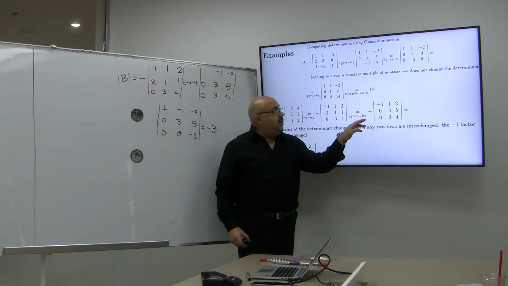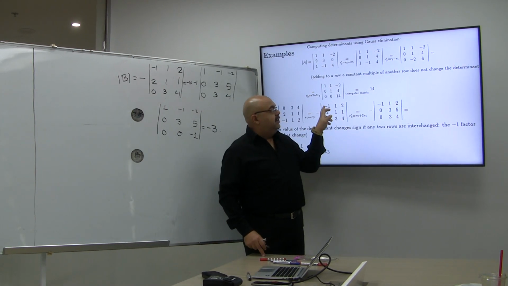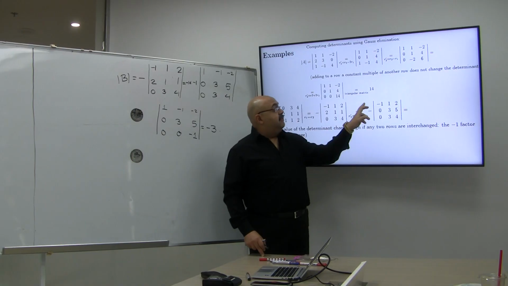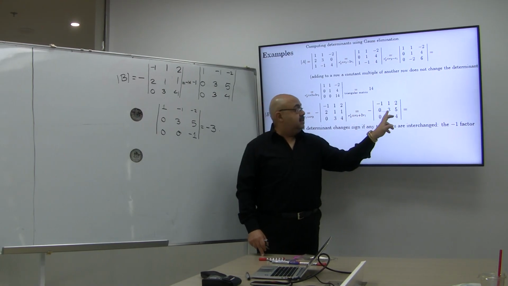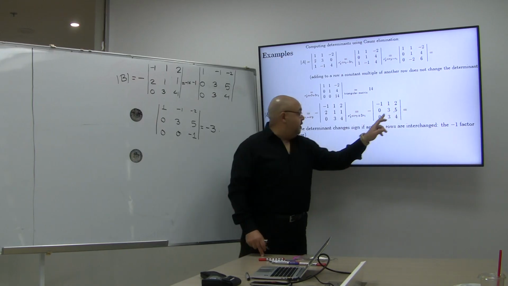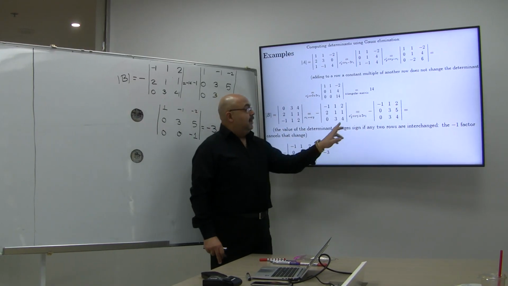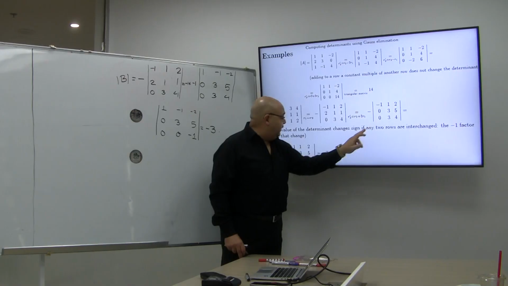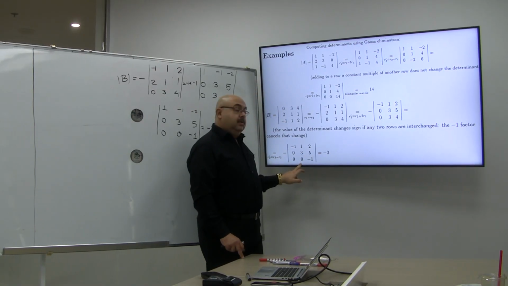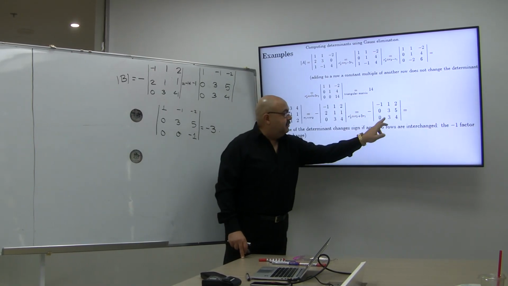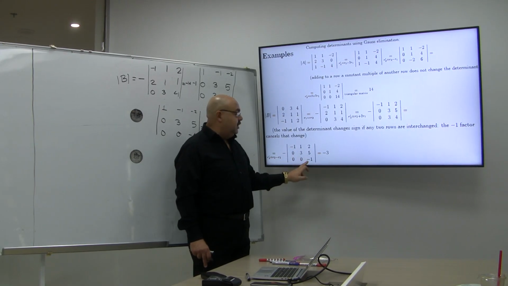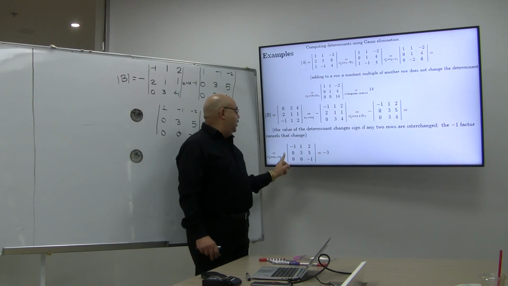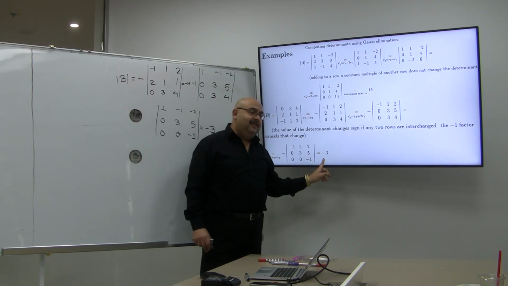Then he multiplied the first row by positive 2 and added it on the second row. Then for the third one, he multiplied by a negative and added on the last row. Once you multiply by a negative and add, this is the result that you will have. Start multiplying: negative 1 times 3 times negative 1 is positive 3. Don't forget the sign outside.